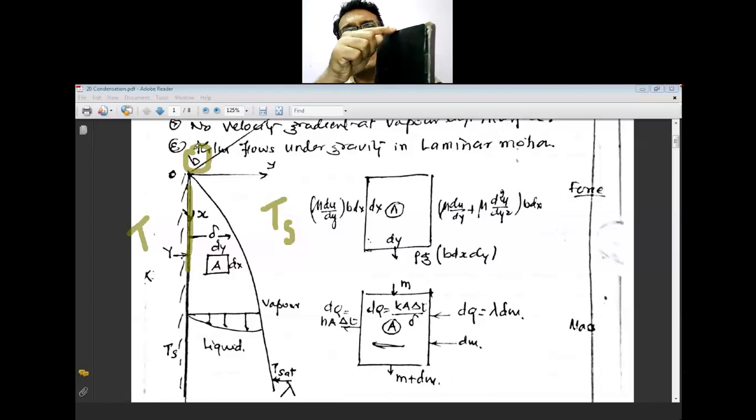And at the top very little vapor is condensing, and as the condensed liquid rolls down, the new additional vapor is also getting condensed.